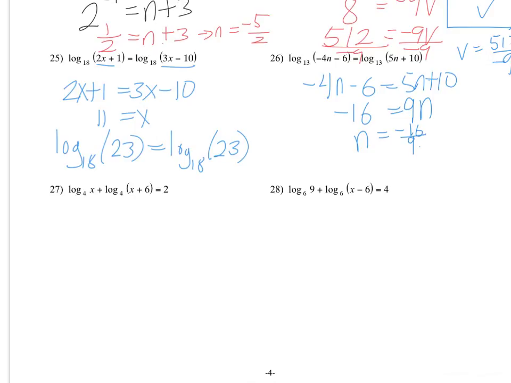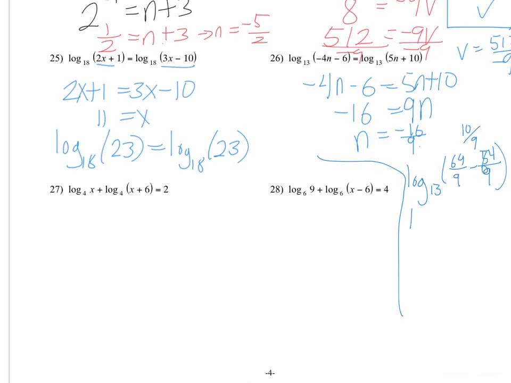When you plug that in to check to see if that's extraneous, we end up with log base 13 of negative 4 times negative 16, which is 64 over 9, minus 6. It's 54 over 9. So that would be 10 over 9 in total on the left.